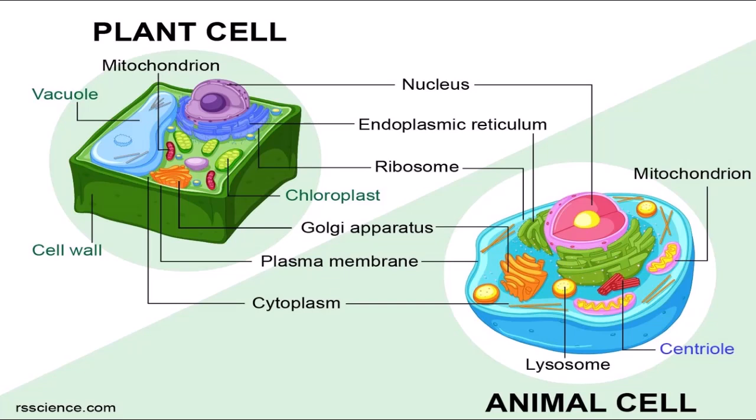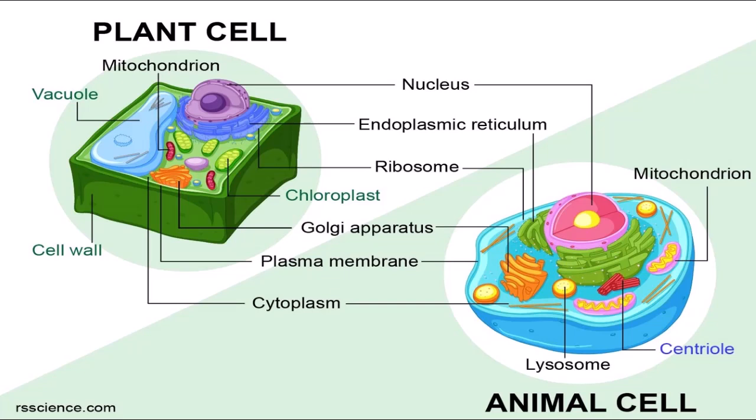Next structure is Golgi apparatus. The Golgi apparatus is responsible for transporting, modifying and packaging of proteins and lipids into vesicles for delivery to targeted destinations. Golgi apparatus is present in both animal and plant cell.